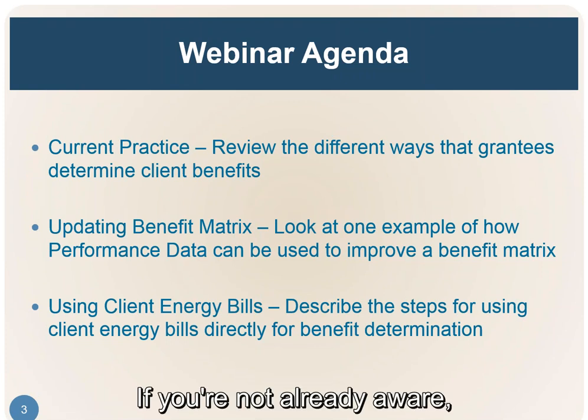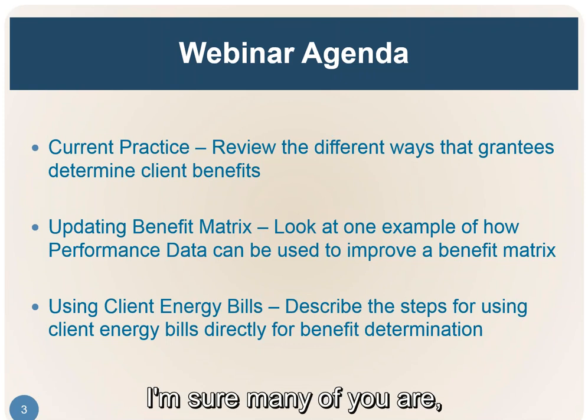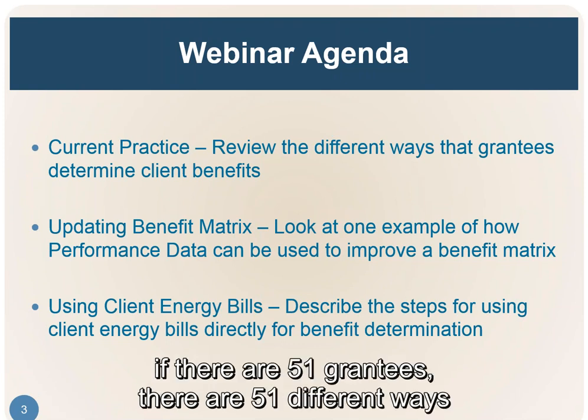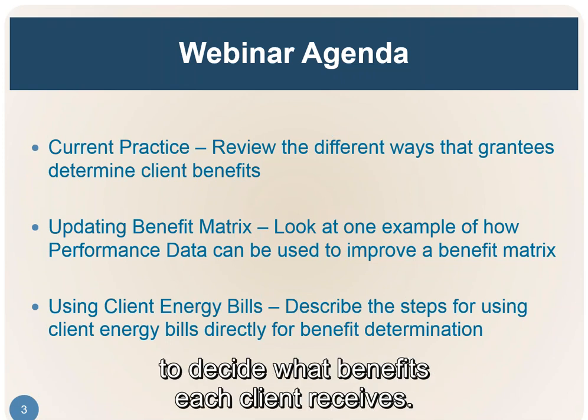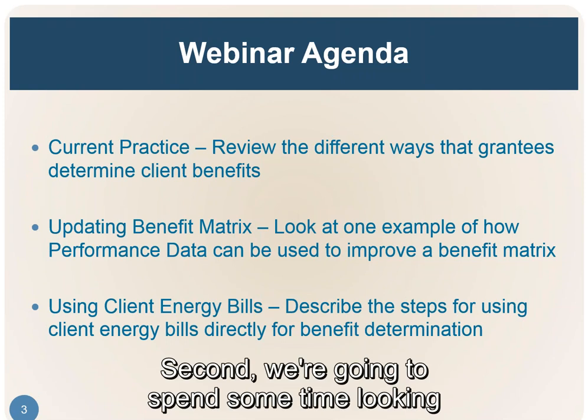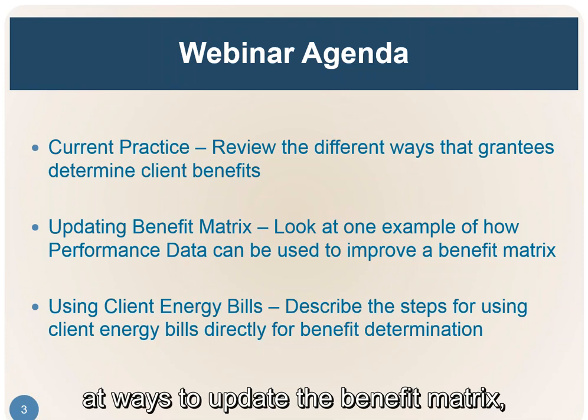If you're not already aware, I'm sure many of you are, if there are 51 grantees, there are 51 different ways to decide what benefits each client receives. Second, we're going to spend some time looking at ways to update the benefit matrix.